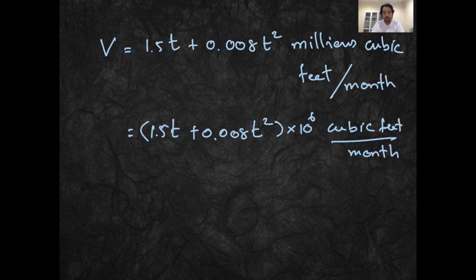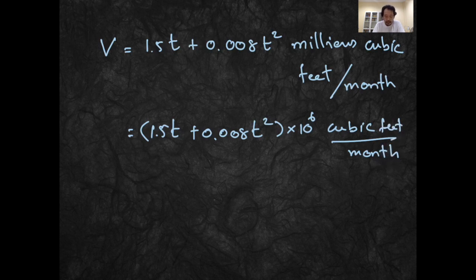The next step, we want to convert this expression into cubic feet per second. And in this step, we have to be careful. First we have this expression, 1.5 t plus 0.008 t squared times 10 to the 6th cubic feet per month.